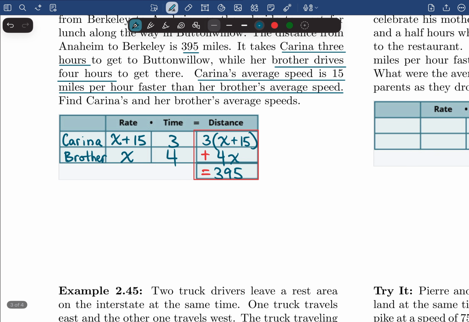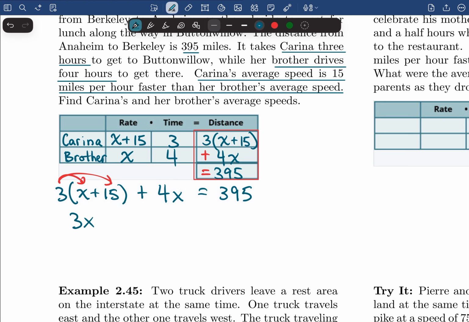I'm going to write out the equation like 3 times x plus 15 plus 4x equals 395. Now, let's jump into solving it. First, distribute. So we get 3x plus 45 plus 4x equals 395.